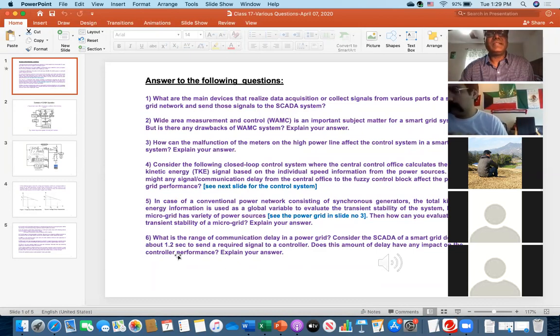So 1.2 seconds is too big for the modern grid. The controller's performance will degrade, and that degradation will spread across the entire grid.